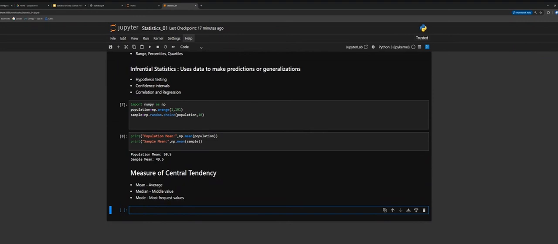So we'll play around with this data for mean, median and mode. I'll take a different data set.